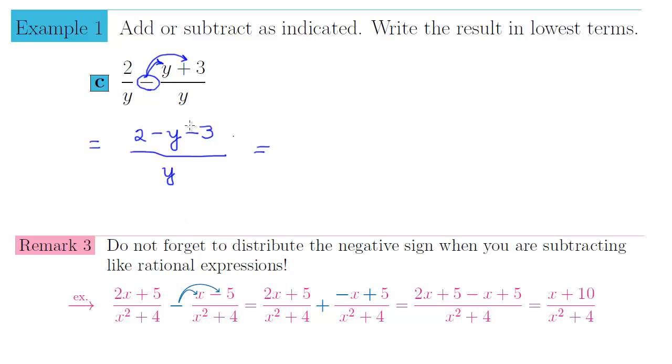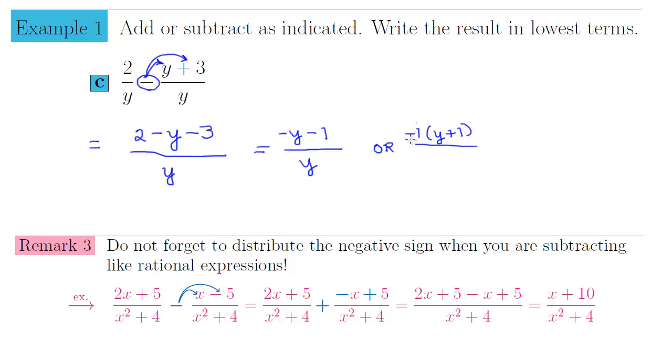Now we can put the terms together in the numerator that are like terms. I have a minus y, that can't be added to anything, and then I have 2 minus 3, which is actually negative 1, all divided by y. There's nothing that can factor out other than a negative sign, so if you want, you could factor out the negative 1 and rewrite it as negative 1 times y plus 1, but that's not necessary.